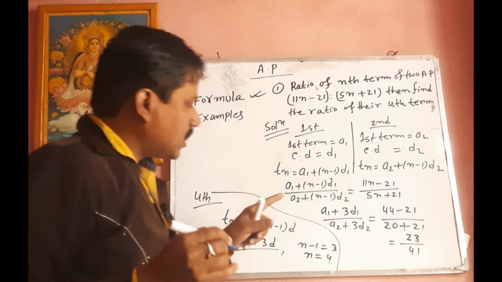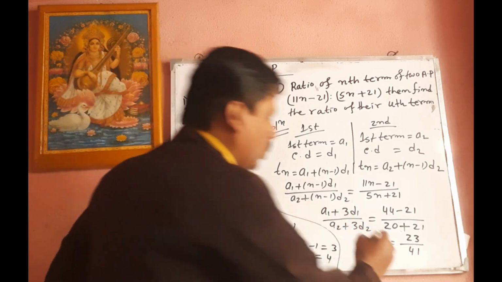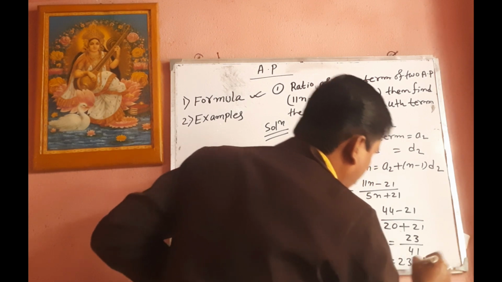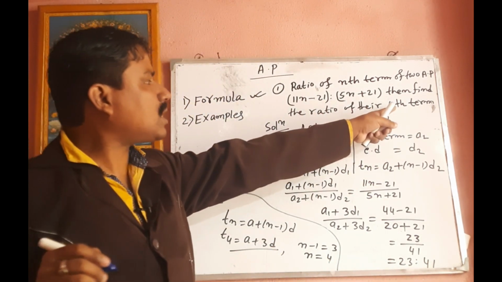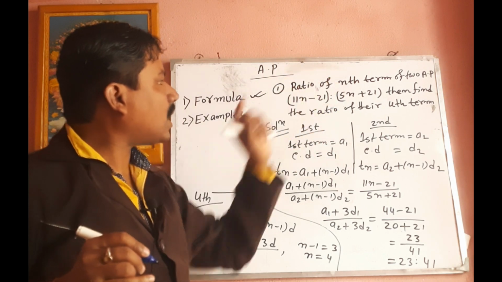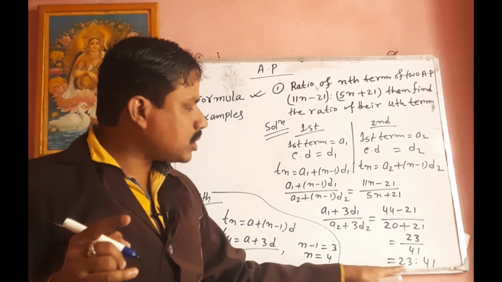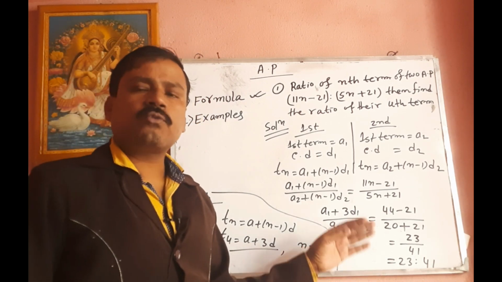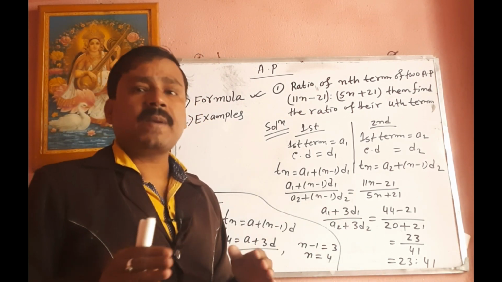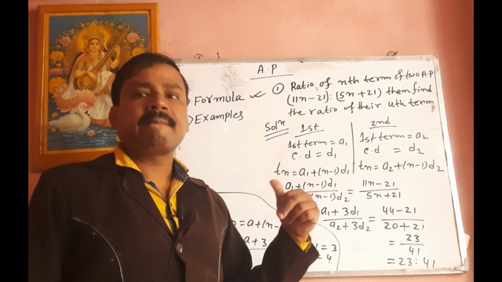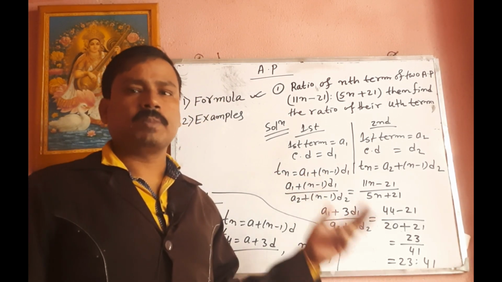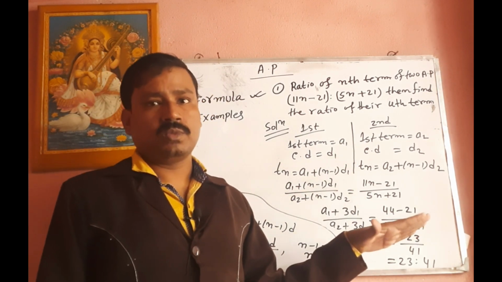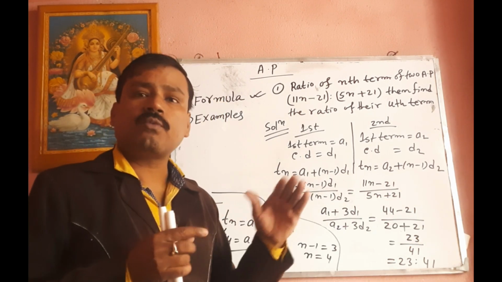That is, the ratio of their fourth terms will be 23 is to 41, which is our result. This is the completion of the first example, and this type of example is important for the board exam as well as competitive exams. You can see these types of questions in your exam.